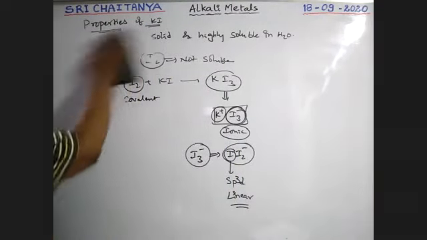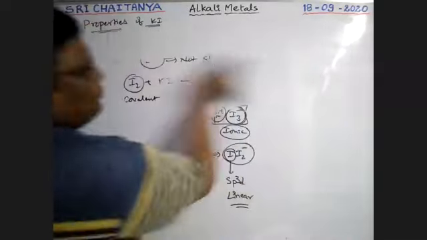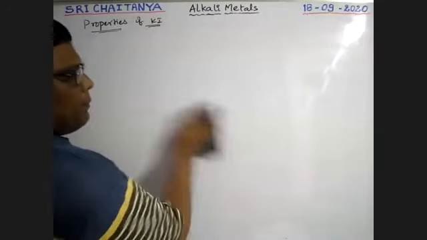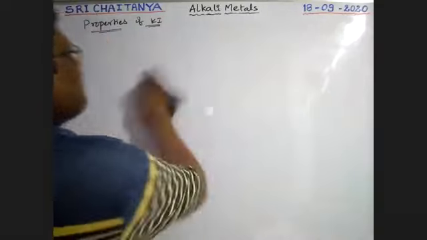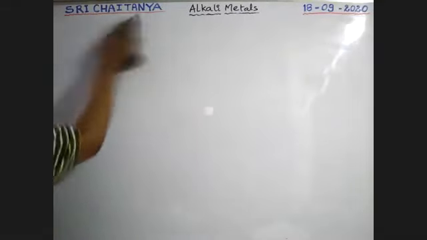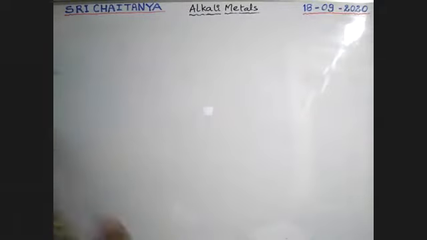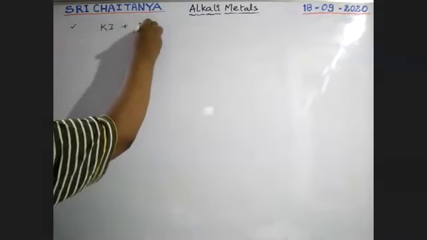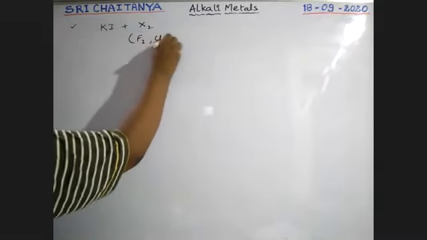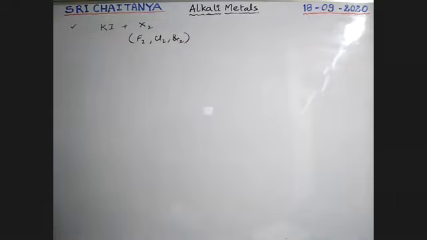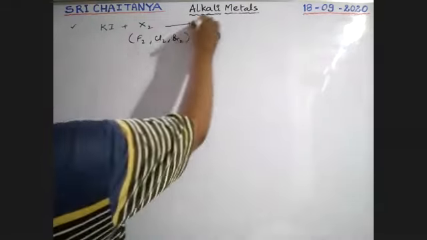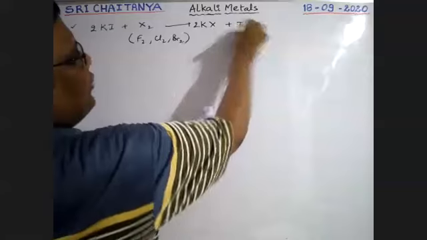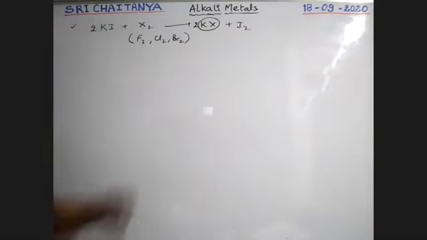Next, some of the chemical reactions. See here, potassium iodide when it reacts with a halogen, either fluorine, chlorine, bromine, whatever it may be, gives 2KX plus I2 as the products. The halogen compound is the product, either KCl, KF, KBr.